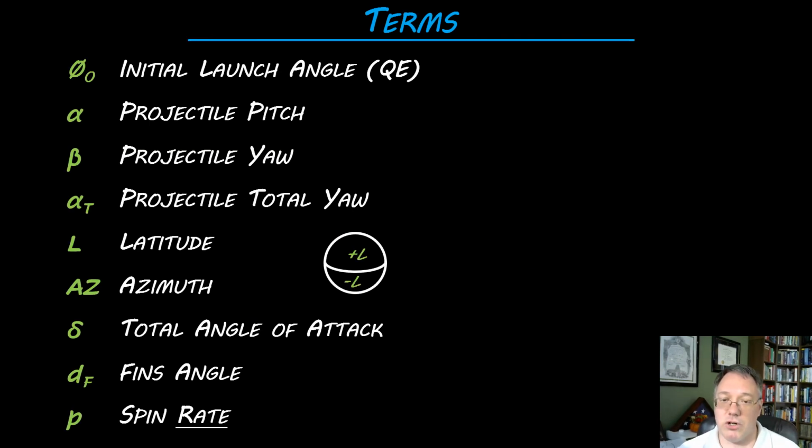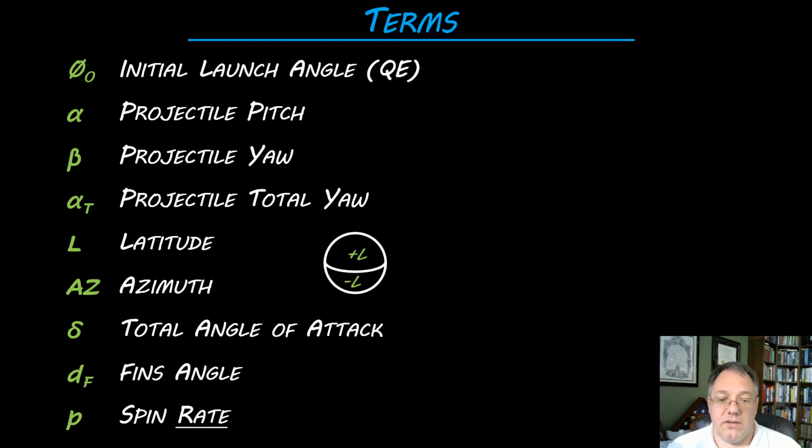Some terms that'll come up. I've just got these up on the screen here. These are all variables that we've dealt with in the past, but I just wanted to remind you what they all represented. We have a launch angle, pitch, yaw, and then this total yaw angle that's the combination of the two of them, a latitude, an azimuth when we have to deal with Coriolis, with a reminder that positive latitudes are in the northern hemisphere.